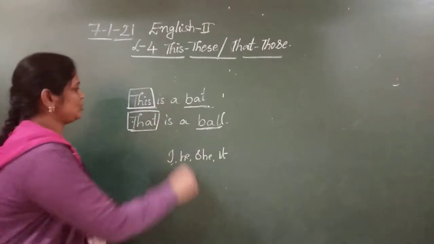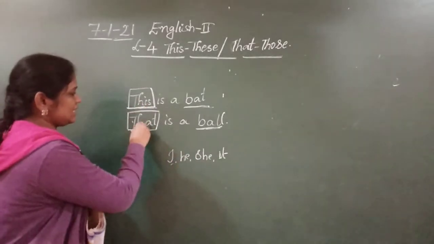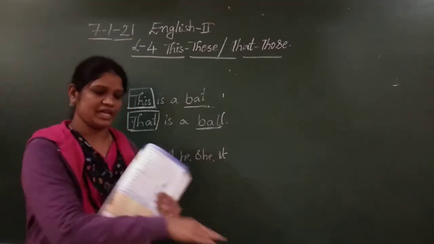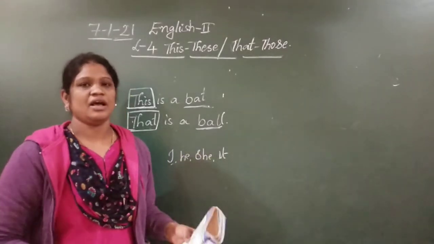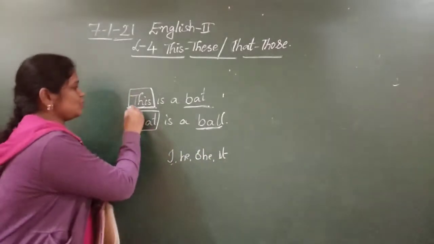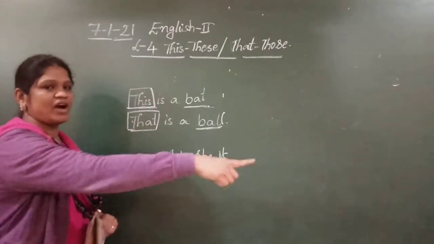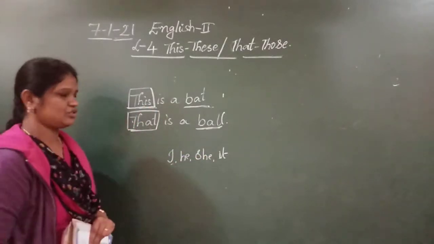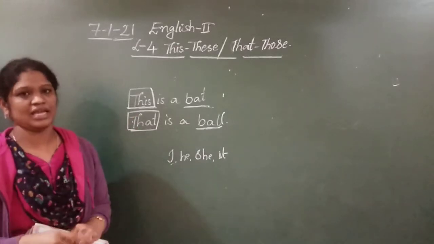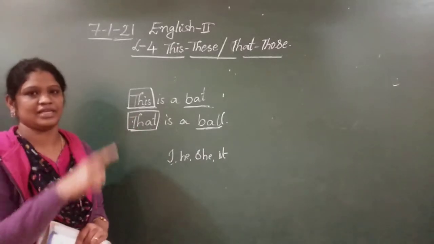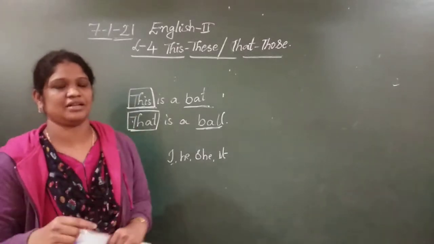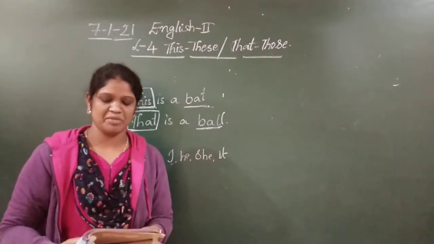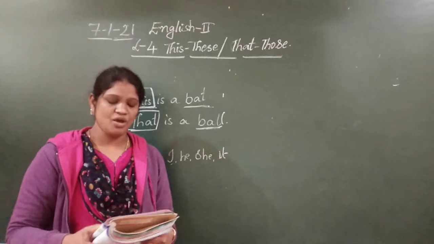You have to use this for very near things, very near surroundings. Little far things, we use to tell that. Okay, that is a kite, that is a sun, like that. See, we use this and that for naming words that mean only one.